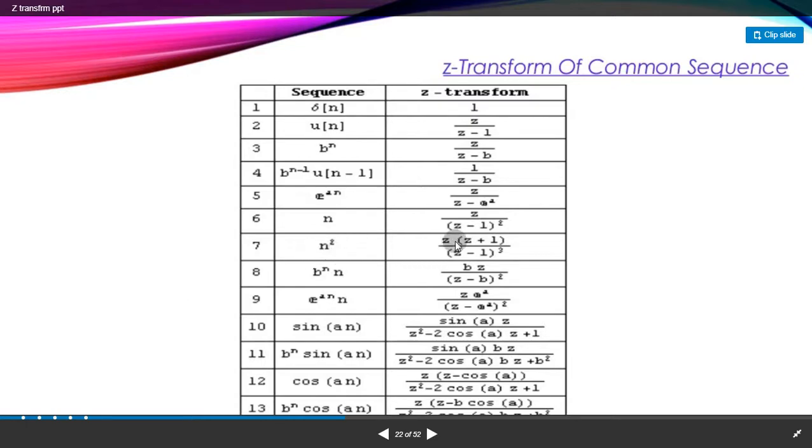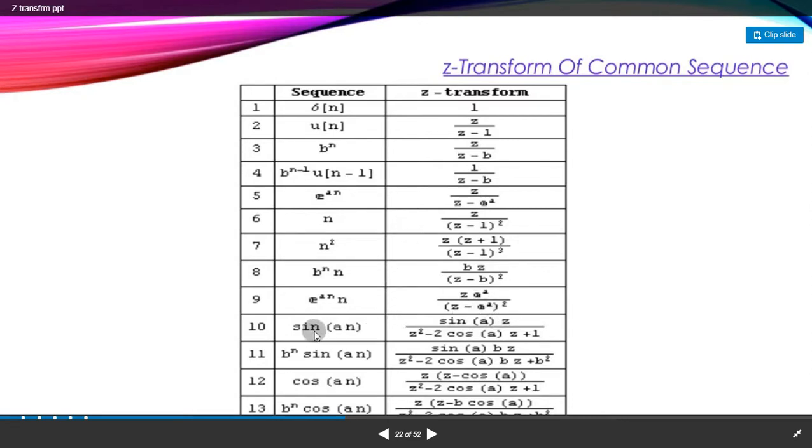The Z transform of n square is z into z plus 1 by z minus 1 whole cube. The transform of n b to the power n is b z by z minus b whole square. The transform of n e to the power 2n is z e to the power 2 by z minus e to the power 2 whole square.